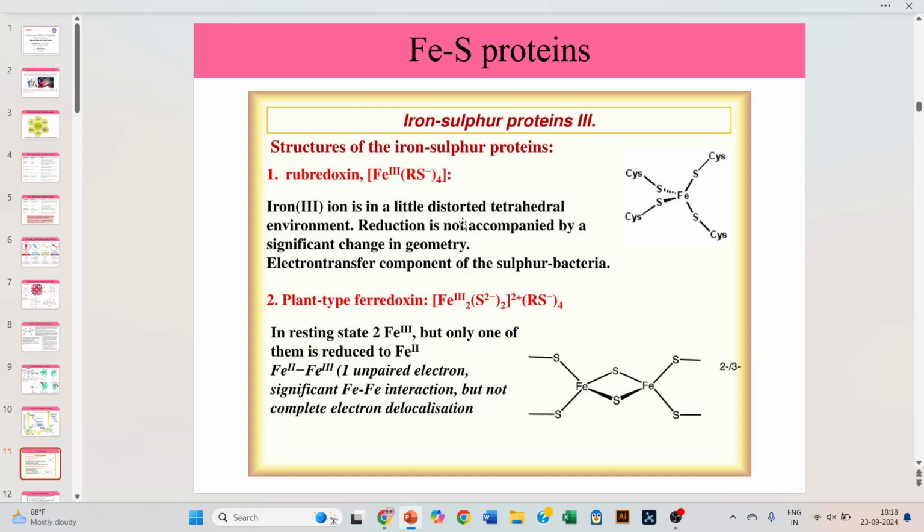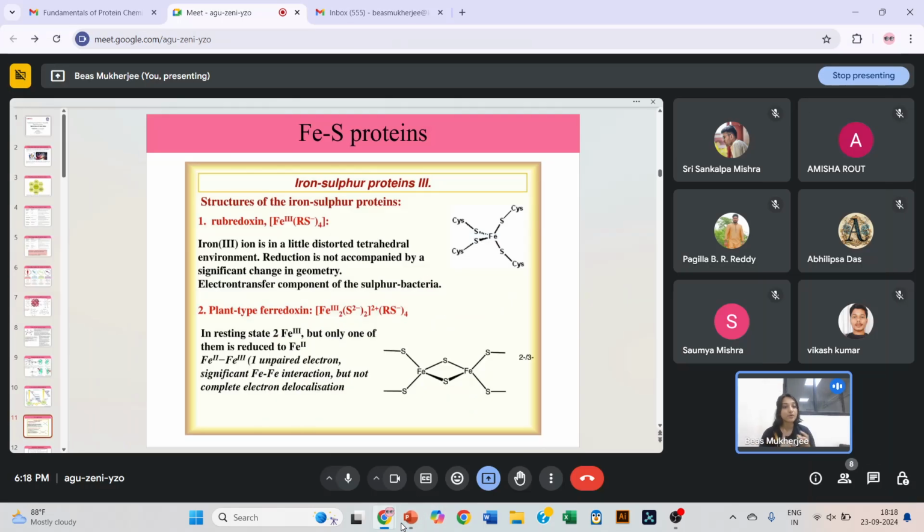You can read about this in detail if you are interested, but for today's MCQs, I think this much is sufficient. So reduction is not accompanied by a significant change in geometry in this electron transfer component. This is found in sulfur bacteria. You can read about whether it is found in green sulfur bacteria or purple sulfur bacteria.